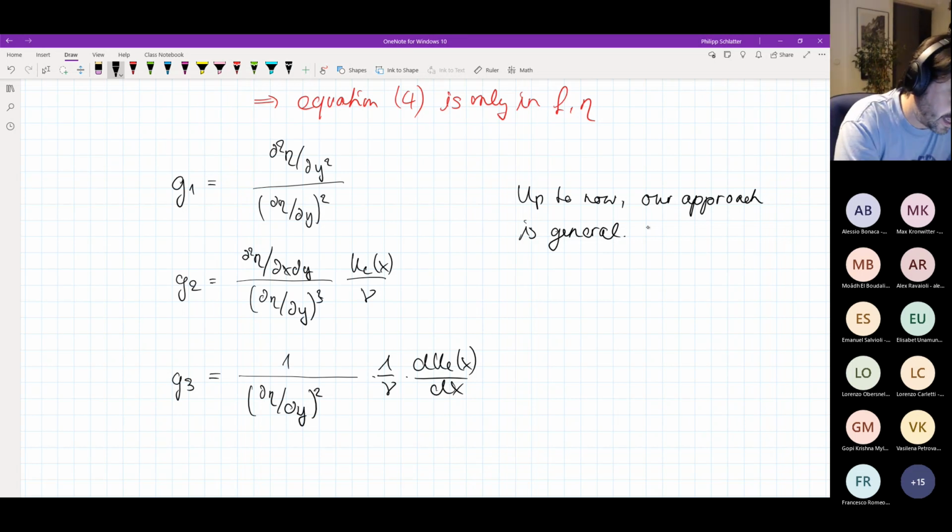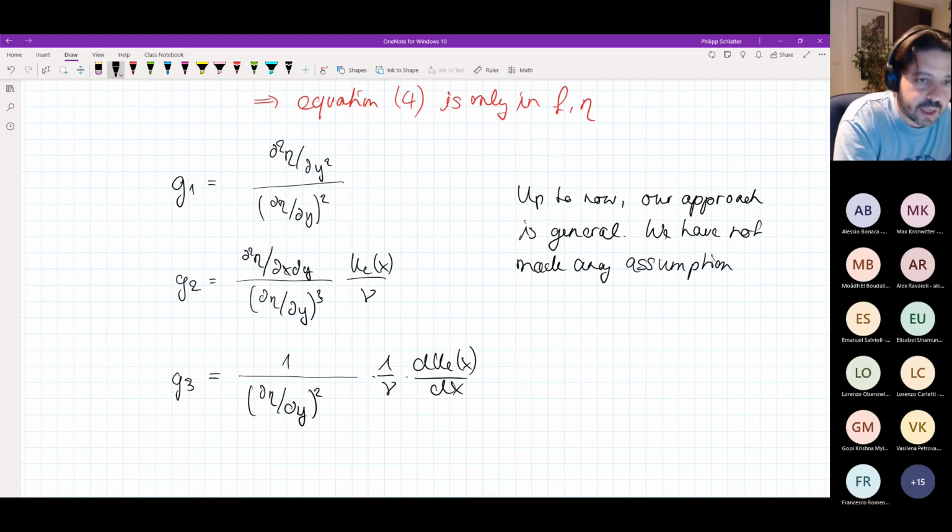In particular, we have not made any assumption for ue of x. So that means our approach is still general for any free stream velocity distribution.